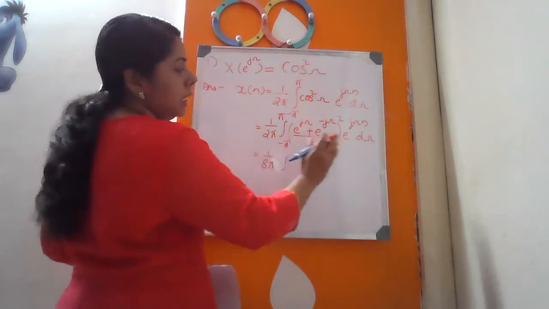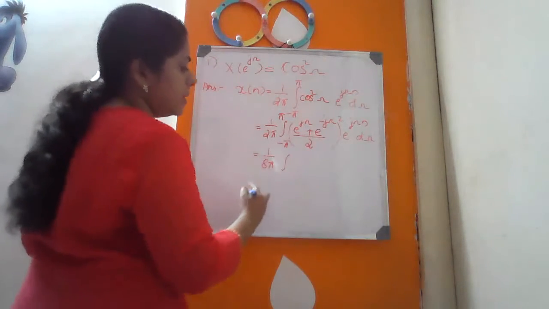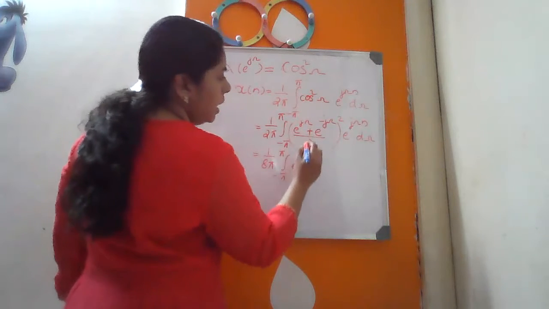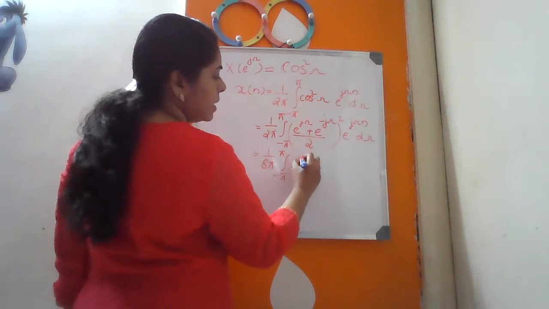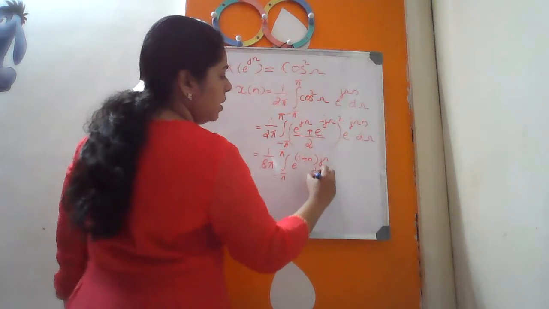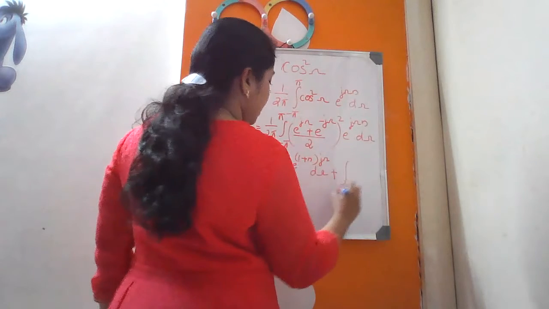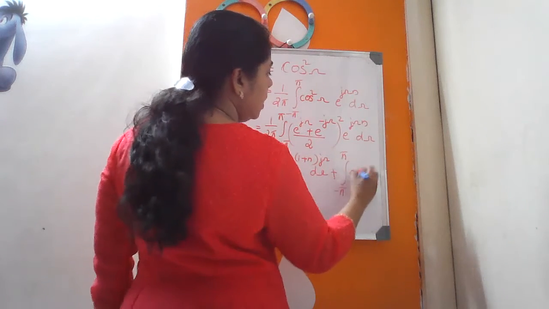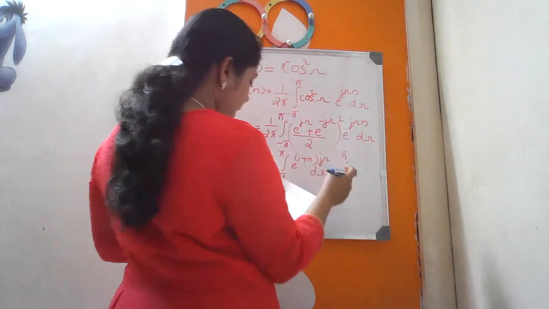I can split this into integrals, one integral from minus pi to plus pi of e power j omega, and another from minus pi to plus pi.